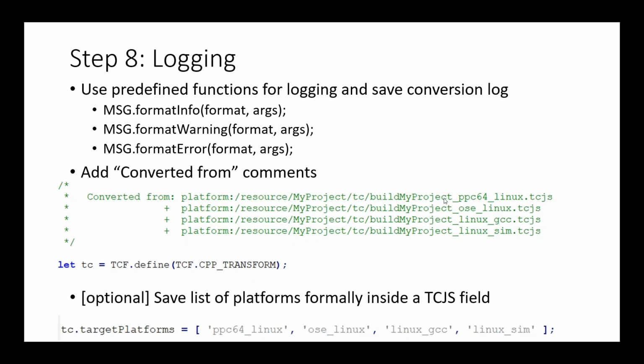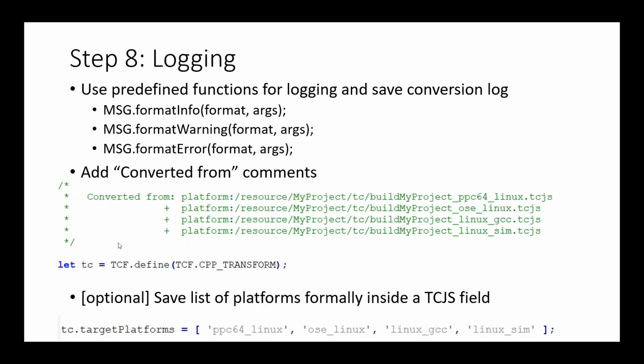The first one will be the main from which you have started, and these three were additional TCJS also loaded for this analysis. And also optional, but maybe useful, is to save this list of platforms formally.